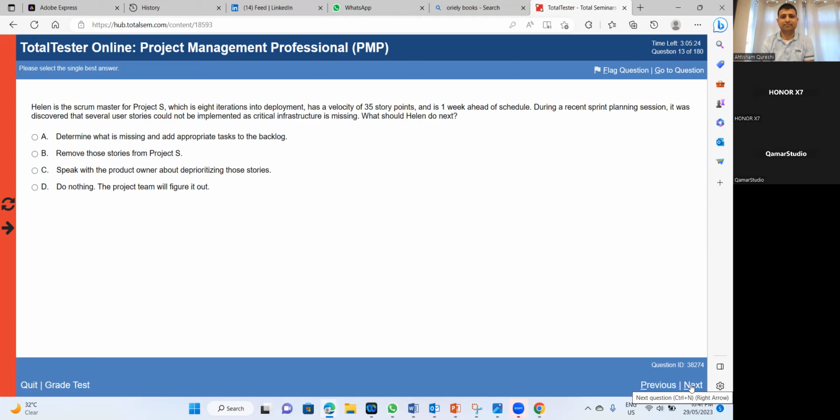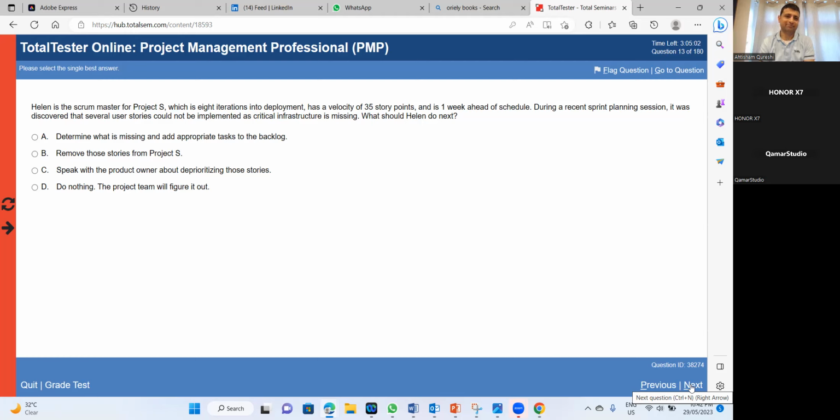What should Helen do next? Determine what is missing and add appropriate tasks to the backlog. Remove those stories from the project. Speak with the product owner about deprioritizing those stories. Do nothing and the project team will figure it out.